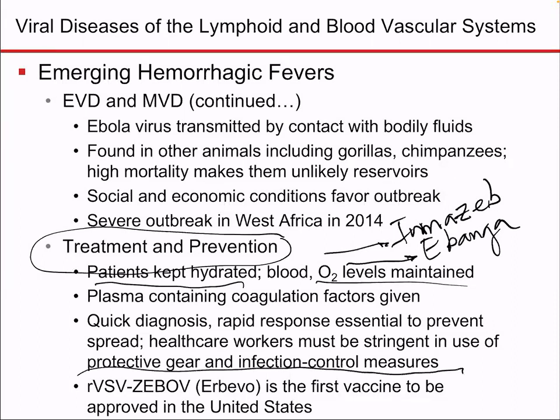Recently, a vaccine was developed, Ervebo, and it was approved in the United States in 2019, and it appears to be fully effective 10 days after being given, and the efficacy is very high. It was studied in the recent outbreak that happened in West Africa between 2014 and 2016.